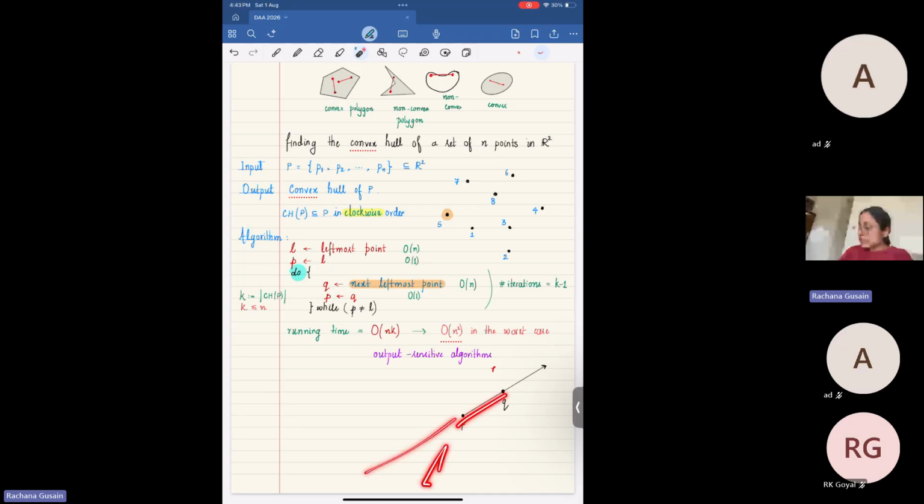Whereas if the point R lies in this half, then R is to the right of PQ. I'm looking at the directed line segment from P to Q.